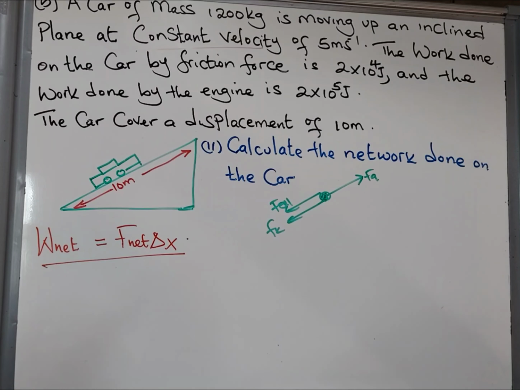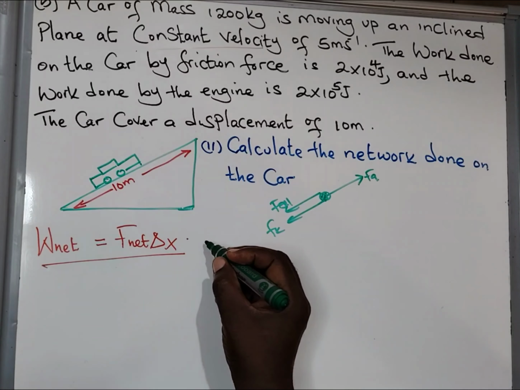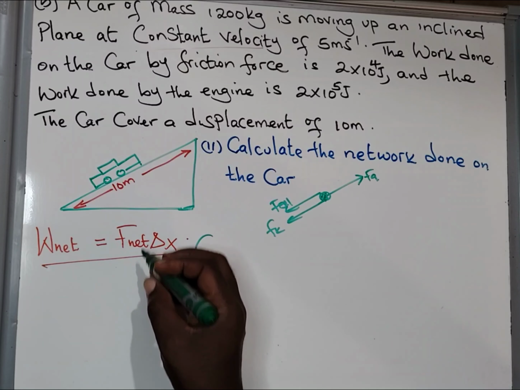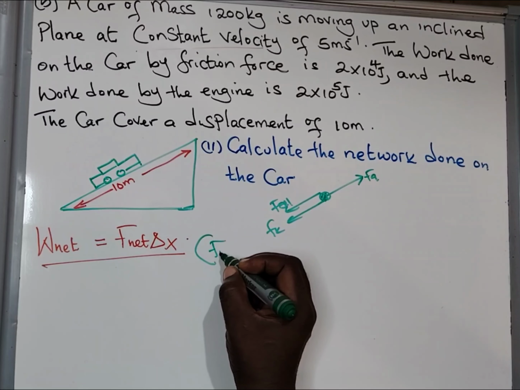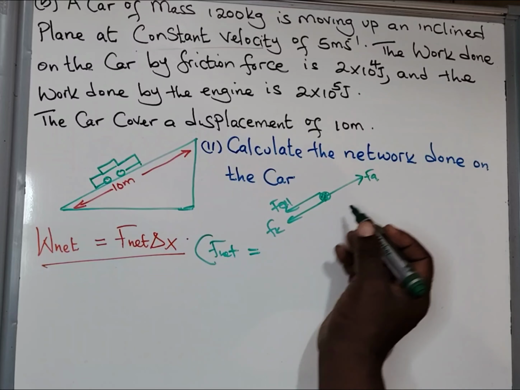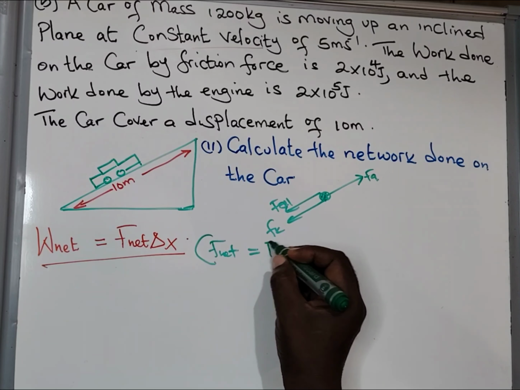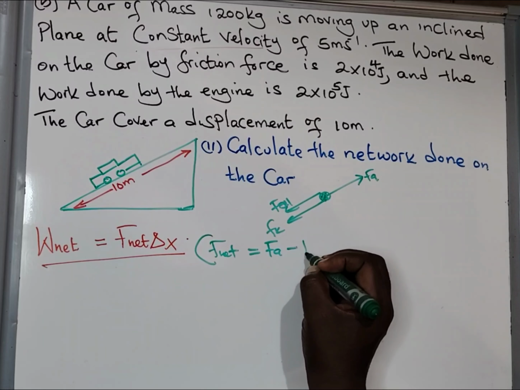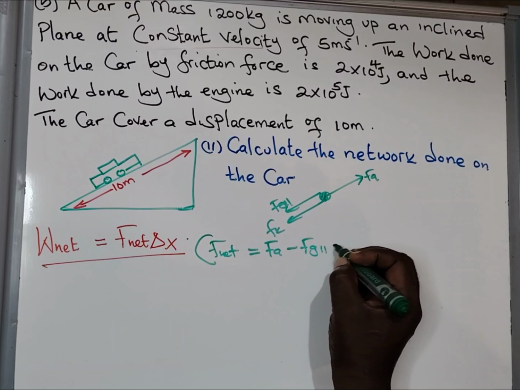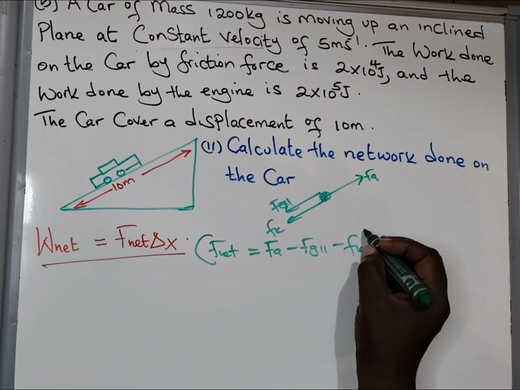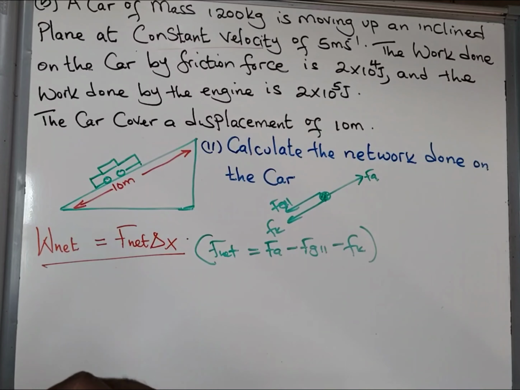But we also have to remember that F net, if you look at our free body diagram, is going to be equal to FA minus FG parallel minus FK. We are using the concept that net force is equal to the sum of forces where the body is going minus the sum of the forces where the body is coming from.